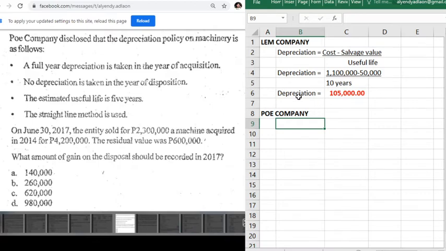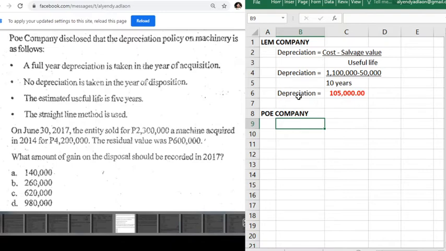The third one is the estimated useful life is 5 years and the straight line method is used. Now the question: on June 30, 2017, the entity sold for 2,300,000 a machine acquired in 2014 for 4,200,000. The residual value was 600,000. So how much will be recorded as gain on disposal?